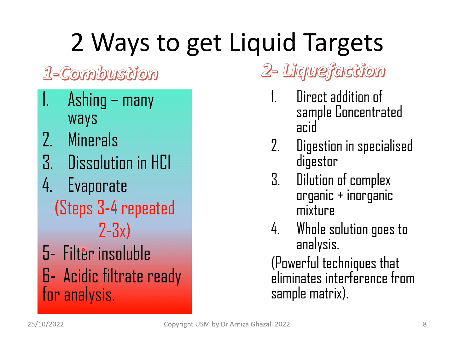Okay. If we opt for combustion, dissolution of ash, we are also preparing sample in acidic form. So there are machines that can take this, and there are machines that can handle high matrix interference like liquefaction for extraction of inorganics.